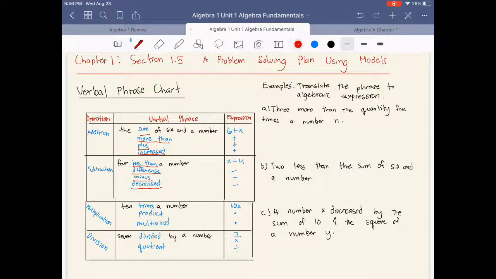Multiplication. If you see the words times, product, multiplied, then you know that when you change it to number form, it's going to become multiplication. When you go to division, the verbal phrases you need to catch are just divided and quotient.